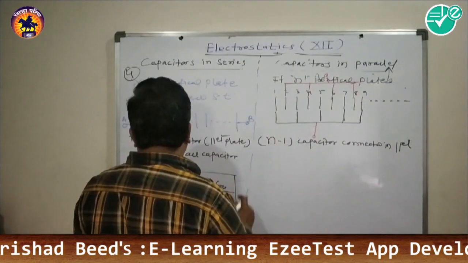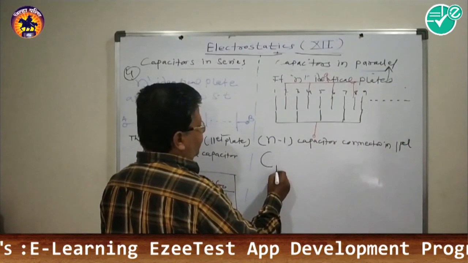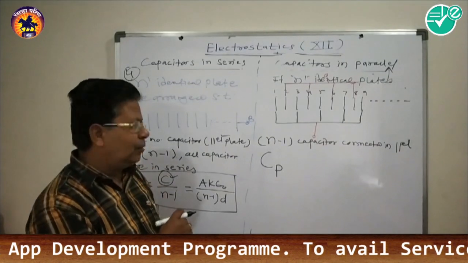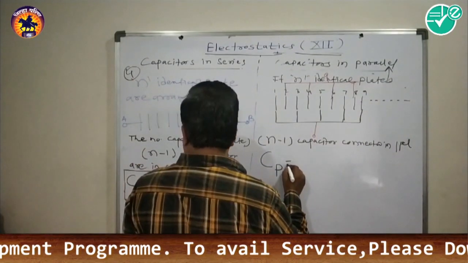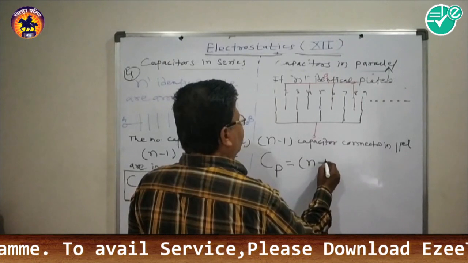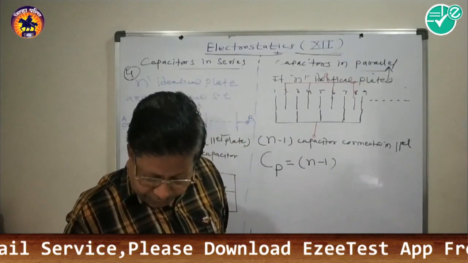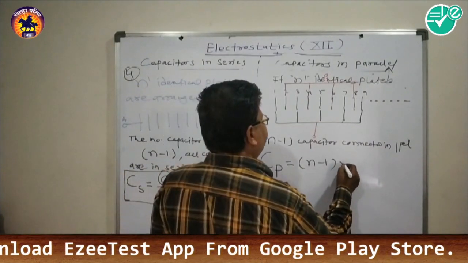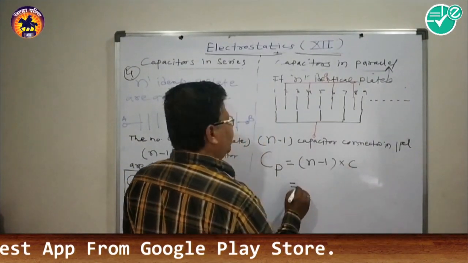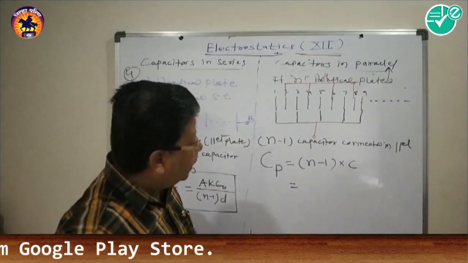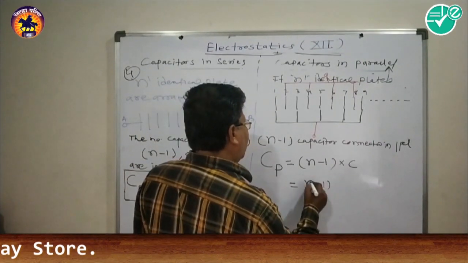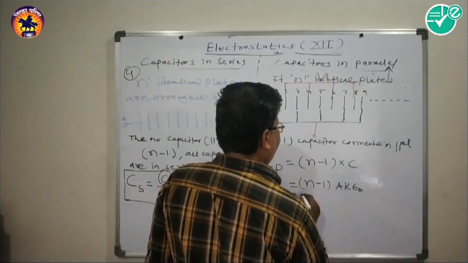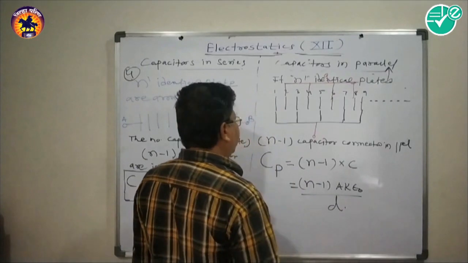And again in this case, the equivalent capacitance of the parallel combination is given by the formula Cp is equal to n minus 1 into C, which is equal to (n minus 1), outside bracket the value of C is again A K epsilon 0 divided by d.